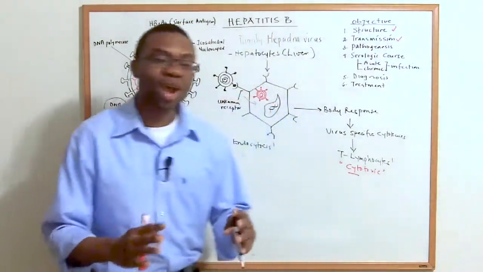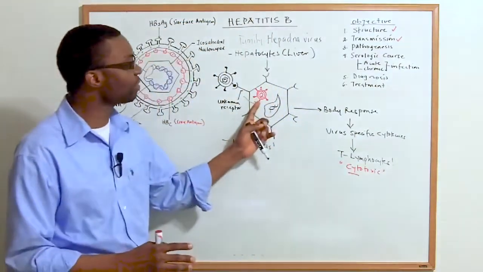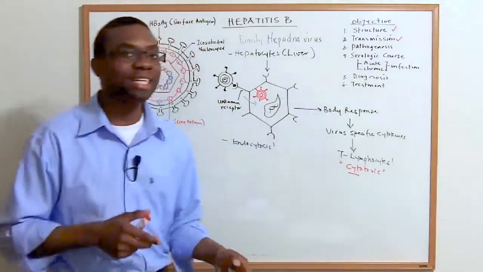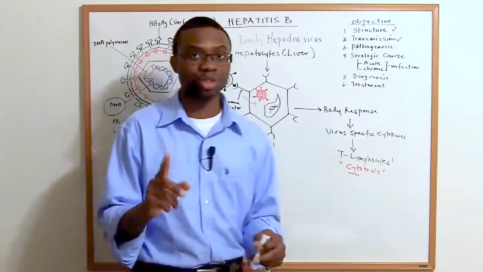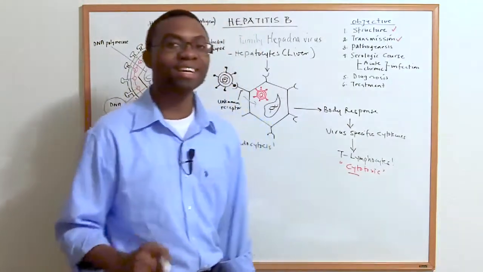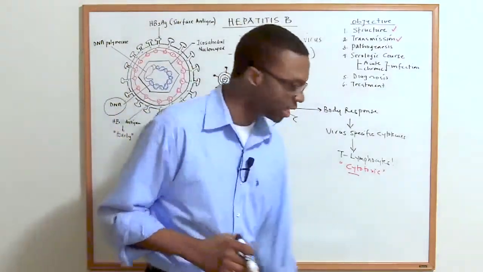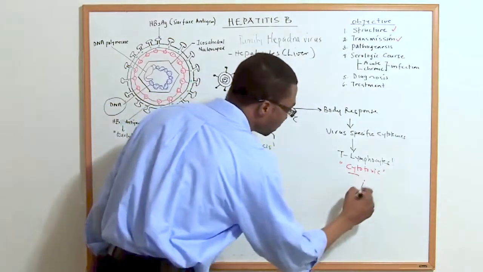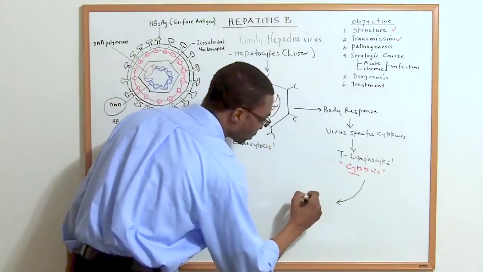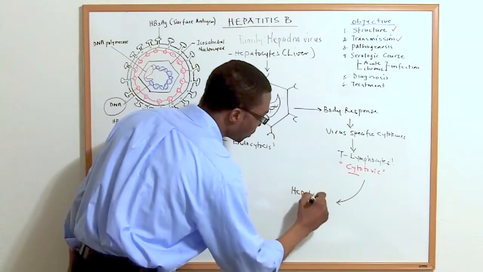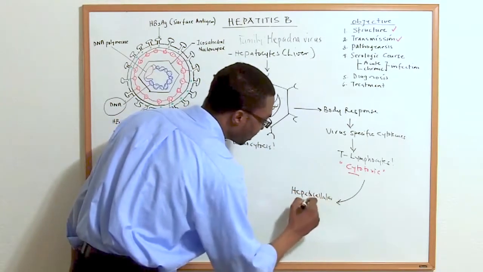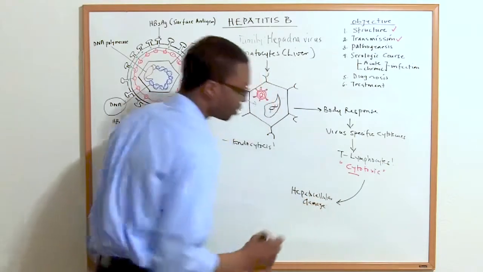Now, in the process of trying to destroy the virus, like they're shooting and they're killing, the cells are going to be destroyed. The hepatocytes are going to be destroyed. And this is going to lead to hepatocellular damage, right?